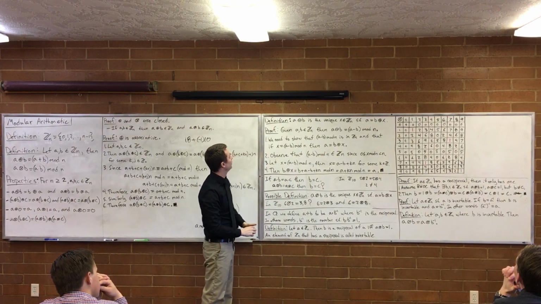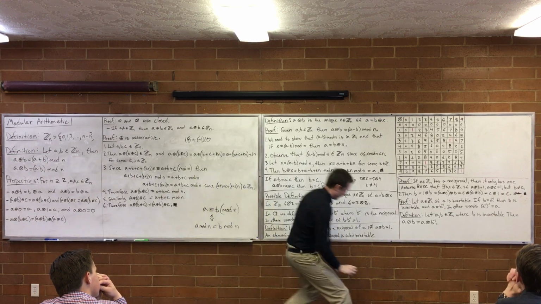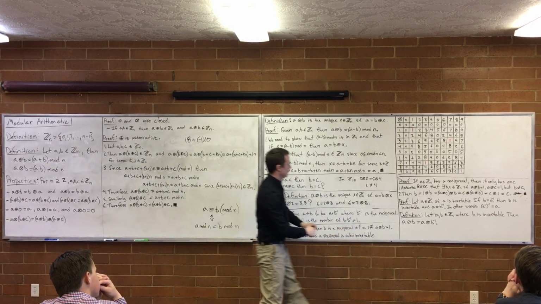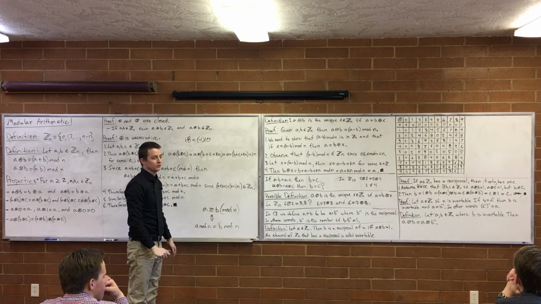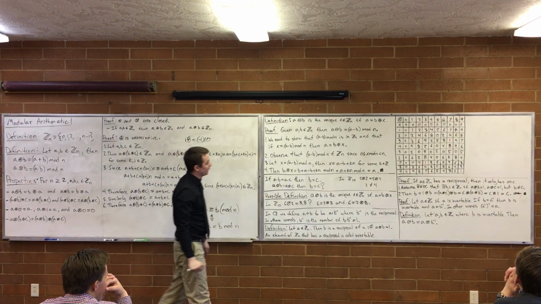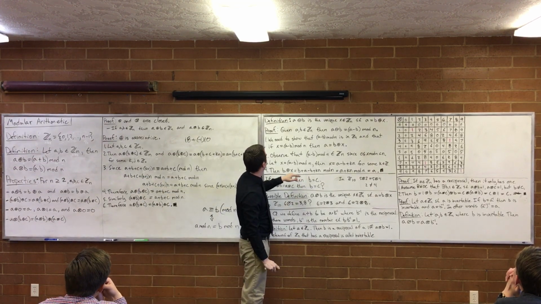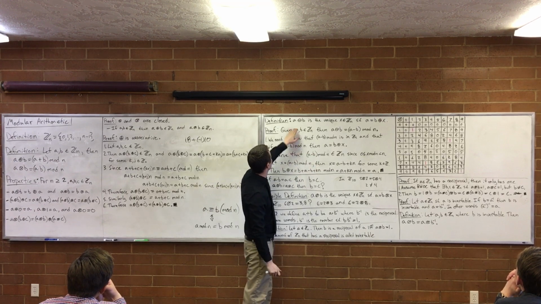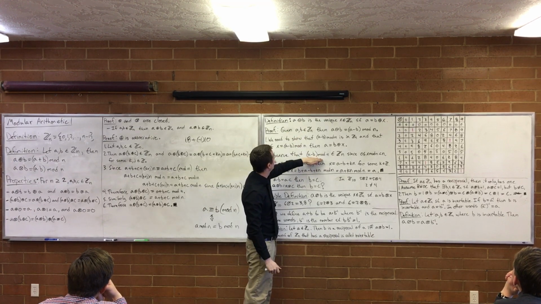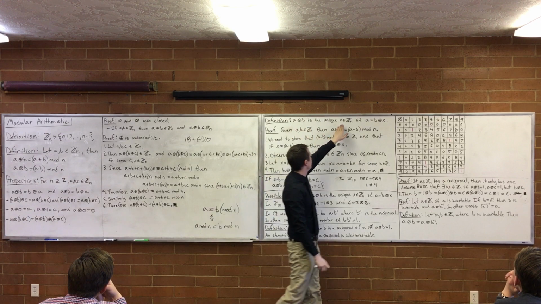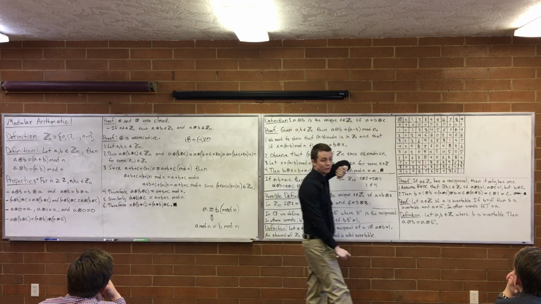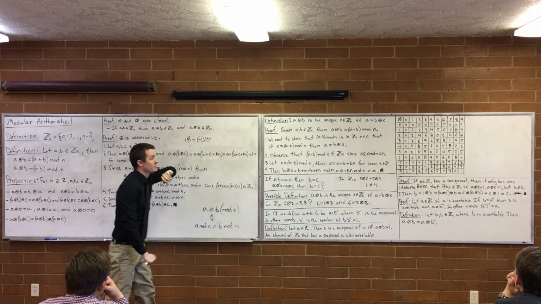Okay, I got it. Any other questions about that? So you can think about A minus B as A minus B mod n, or you can think about it as the integer in Zn that satisfies that equation. Good?